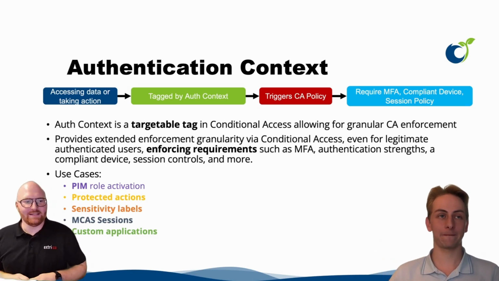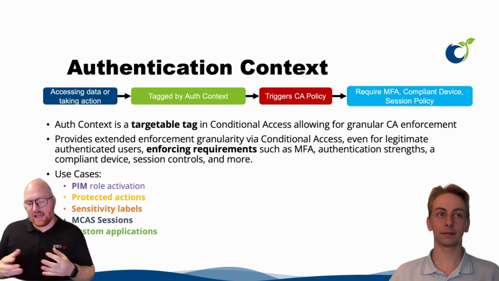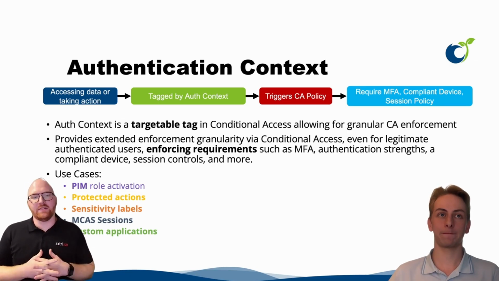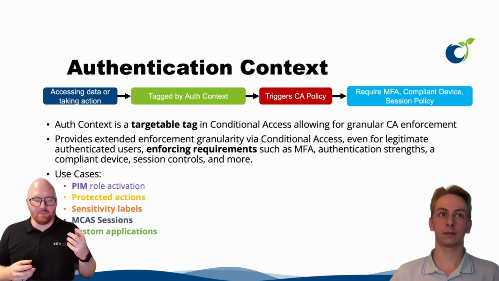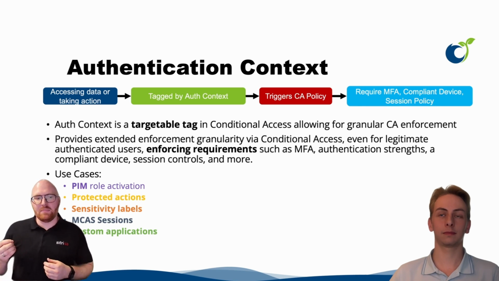Yes. So this is something that I often get asked about, because it can be a bit confusing with the same terms used over and over again. So authentication context is, we need to think about it as a tag that we can set on different resources within our organization, which can then be used within conditional access.